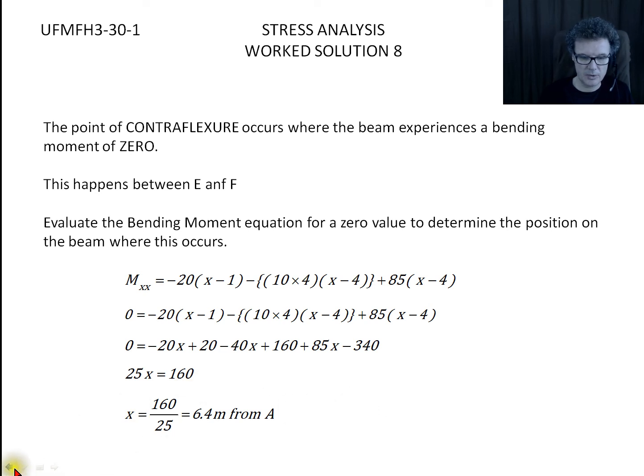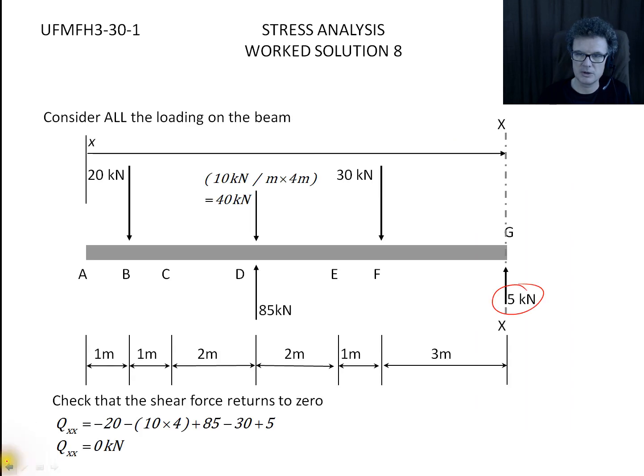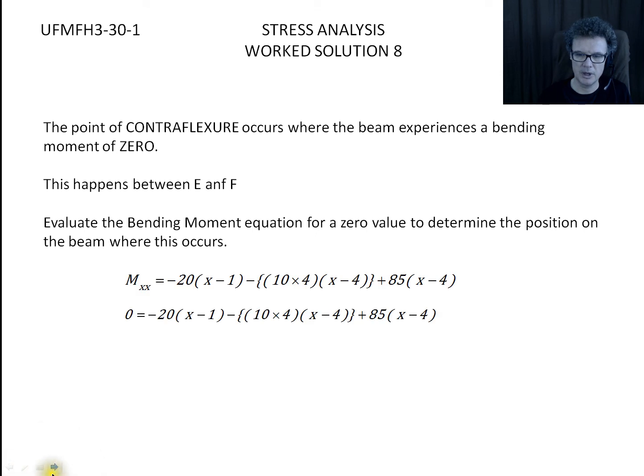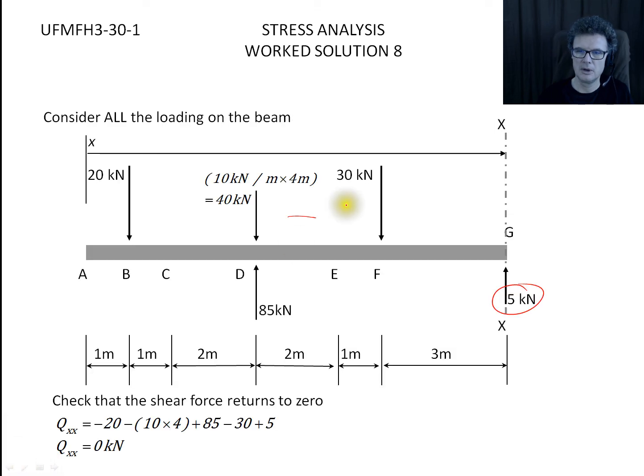Okay, so the final thing to do in this worked solution is to actually plot out your Q graphs and your M graphs, and you'll notice that in this region M is going from positive to negative, or negative to positive, doing something like that.